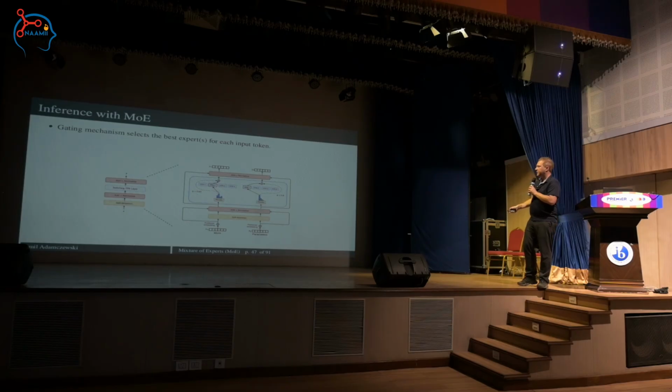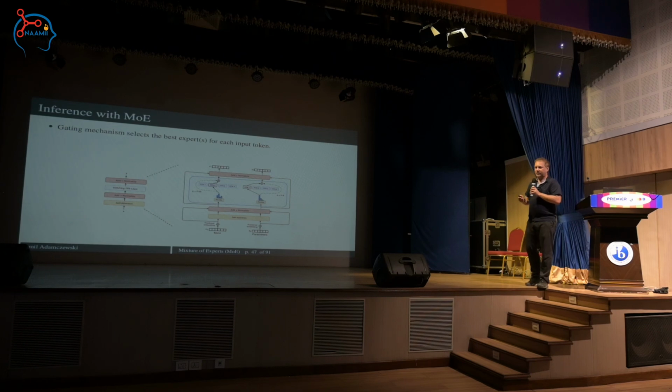For each of them, the output of the router, a softmax probability distribution, will be different. Based on this probability distribution, we route it only to a selected expert. Then it is processed there, and we follow to the next block. That is how inference is done in the mixture of experts.